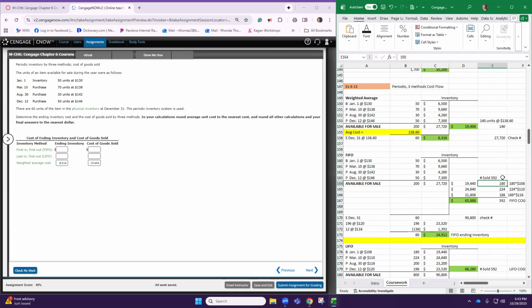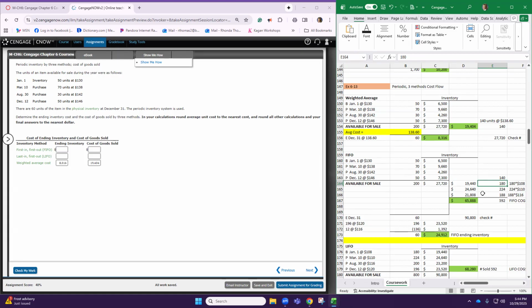So 60 units means we sold 140. Now I want that to say 140 units, just like this one. All together, 140 units. Now we're not going to put in the cost because we're going to have several layers of cost. So one more time, 200 units when you have 60 remaining means you sold 140.